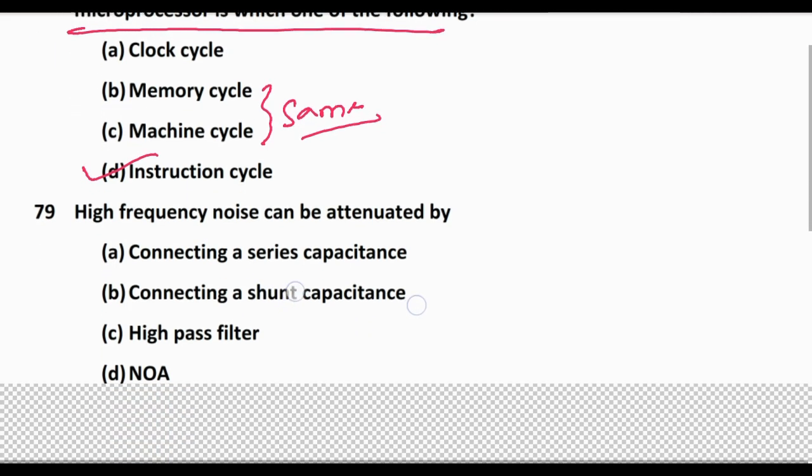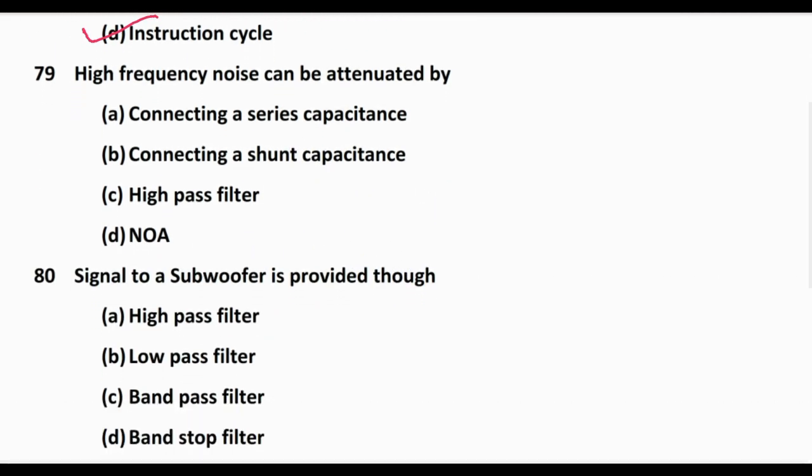Next question is, high frequency noise can be attenuated by connecting a series capacitance, connecting a shunt capacitance, by high pass filter, and option D is none of the above. So high frequency noise can be attenuated by connecting a shunt capacitance, because for high frequency XC is equal to 1 by omega C, and here omega is the frequency.